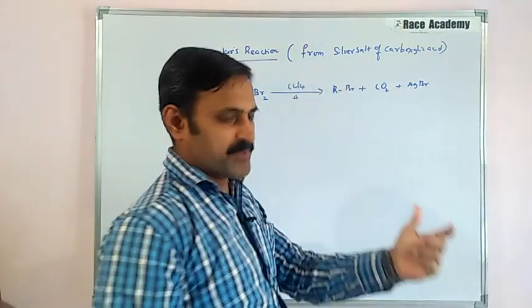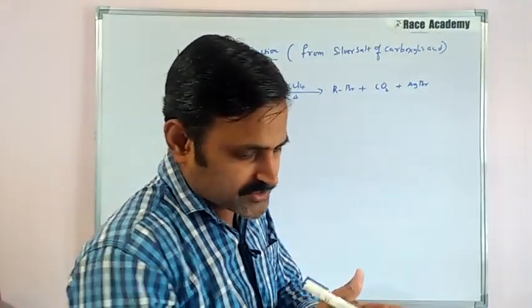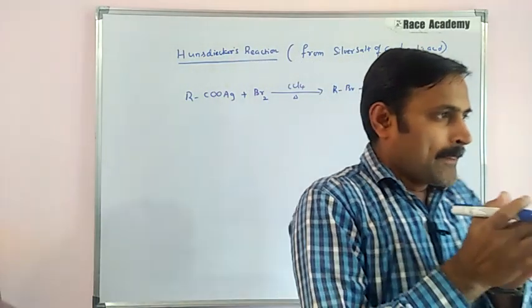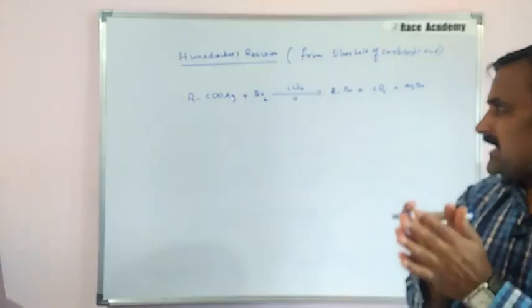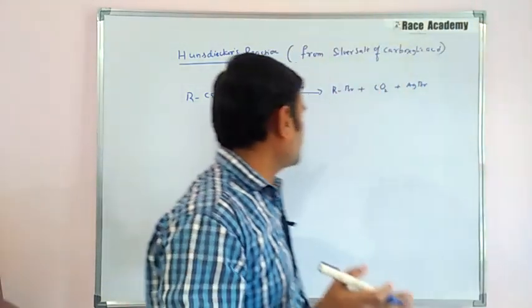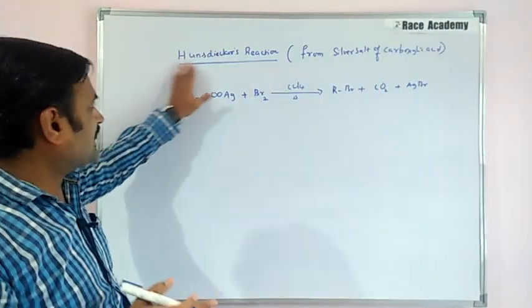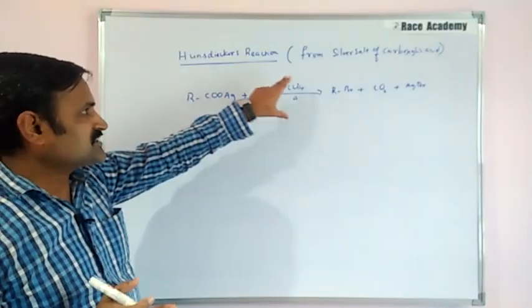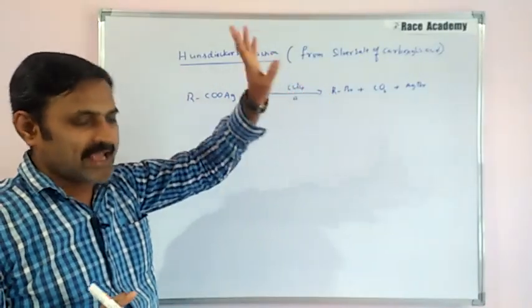So RBr obtained here is called alkyl bromide, a haloalkane. This reaction is called the Hunsdieker reaction from the silver salt of carboxylic acid.